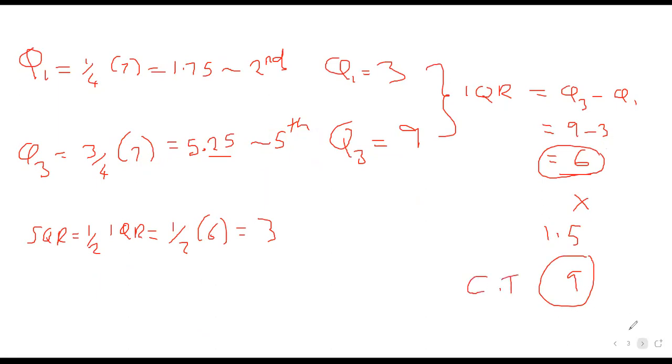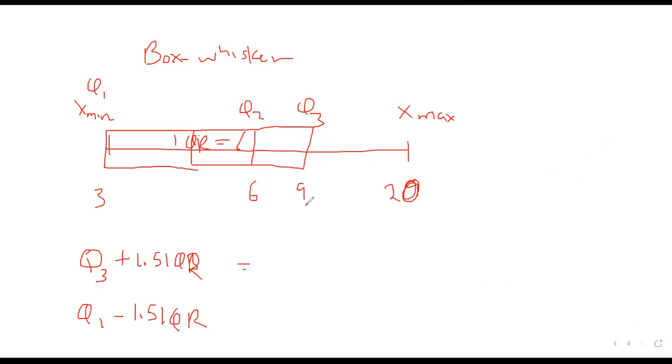1.5 times the interquartile range, this 9, you add it to this figure here, the Q3. So 9 plus 9, we get 18. Then again, the 9 that we found as a correction term, you subtract it from the lower quartile here. Subtract the 9.